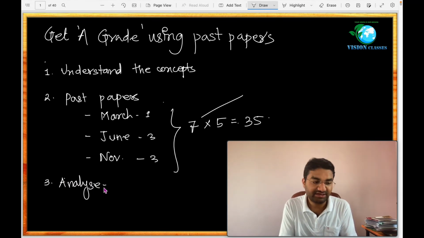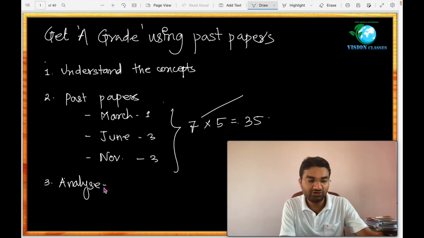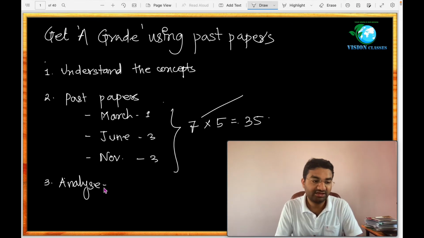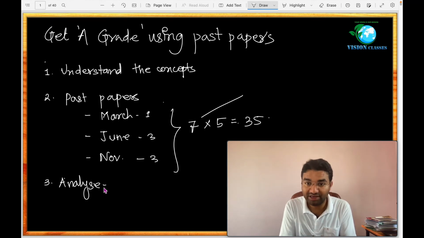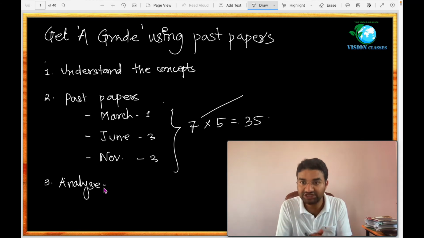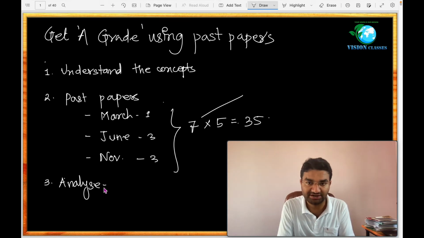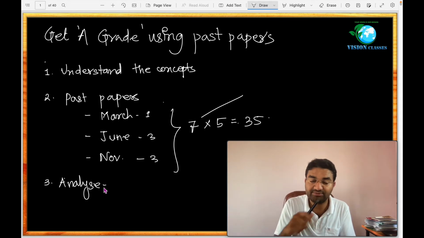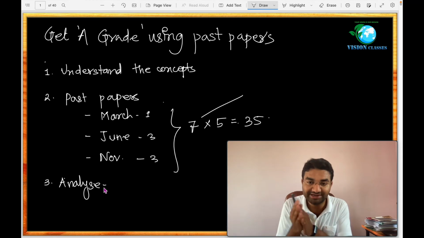In the analysis, what you need to do is have at least 5 papers in your hand and check which questions are repetitive in nature. For example, if you take differentiation, you have stationary points, points around the stationary points, tangent, normal. These are repetitive questions in Pure Mathematics 1.